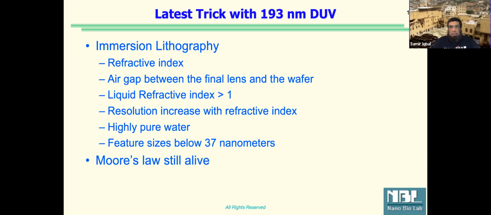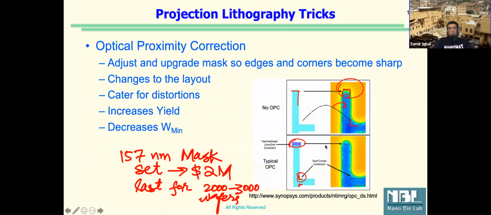Another trick, there are just two, three tricks we'll talk about, and then we'll stop on this. Another trick they've done is that they have started changing masks by adding extra features. When you have a very small feature and you shine light the same way, you would not get the feature all the way.